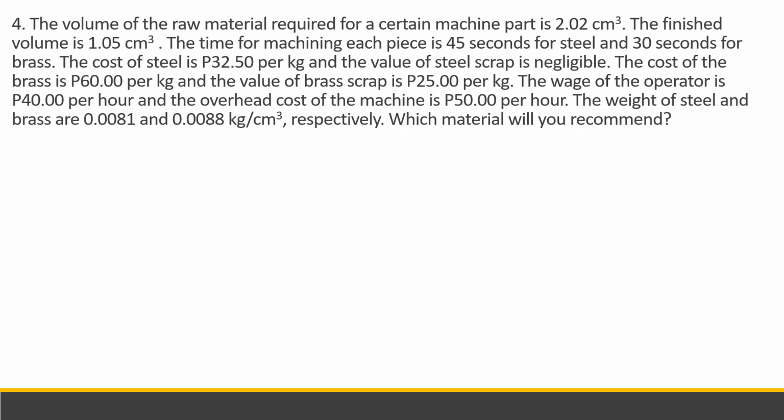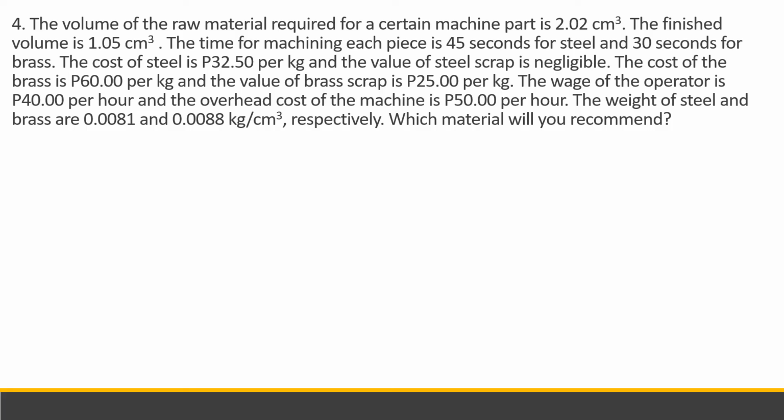So the cost of steel is 32 pesos and 50 cents per kilogram, and the value of steel scrap is negligible. The cost of the brass is 60 pesos per kilogram, but the scrap na brass can be sold at 25 pesos per kilogram.